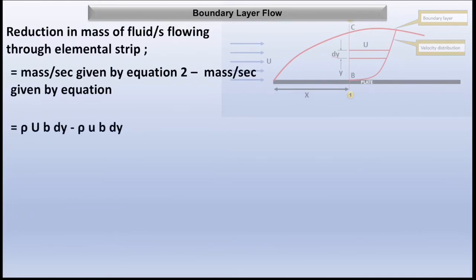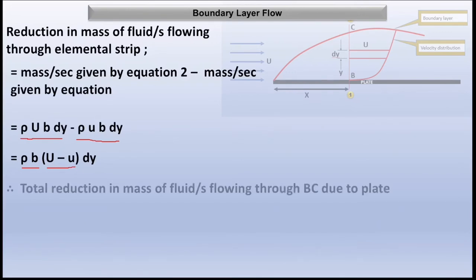So here you can see that rho u b dy minus rho u b dy, this is the flow of fluid with plate and without plate. So we are taking these terms outside of the bracket and solving this equation.